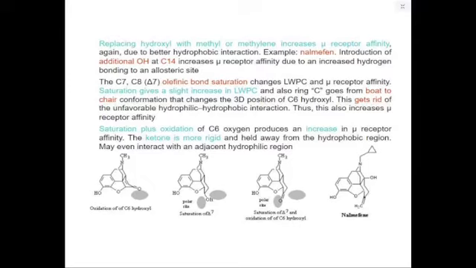When it has a boat configuration, this ketone is a hydrophilic group, and the receptor has a lipophilic configuration. You find that the hydrophilic area is interacting with the hydrophobic area. That interaction is not good. So that molecule does not have a lot of increase in activity.